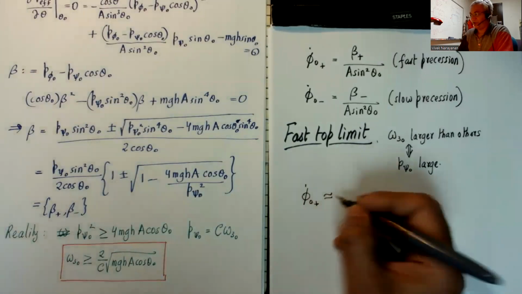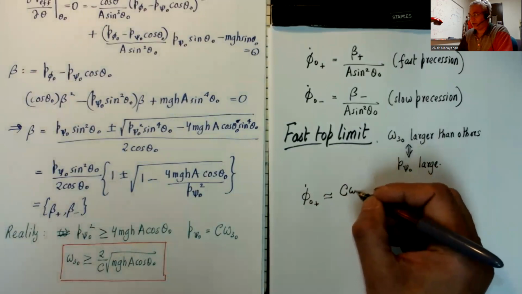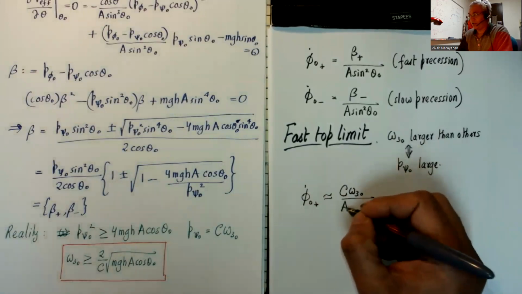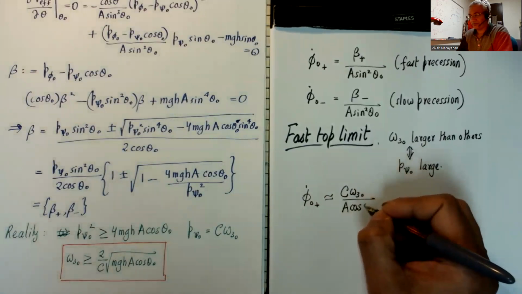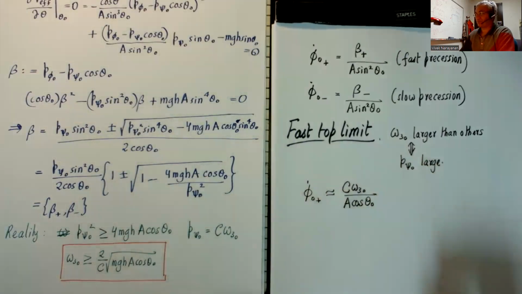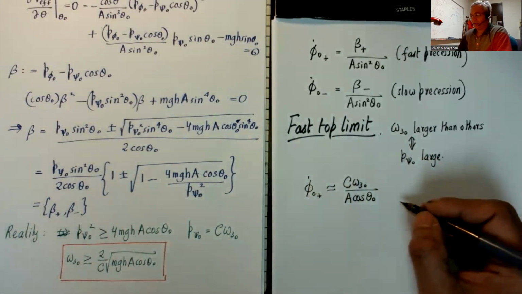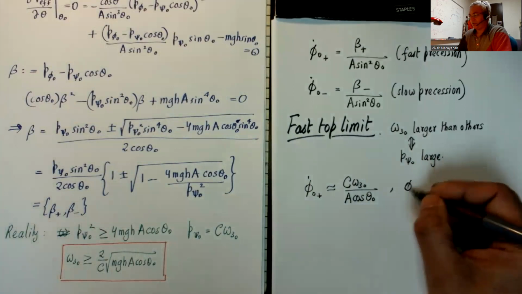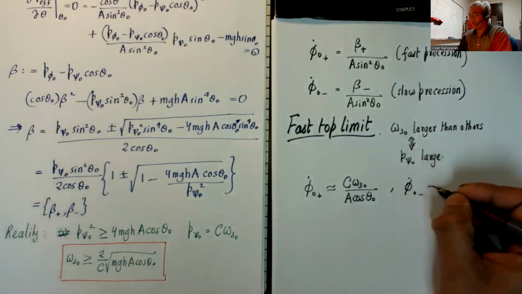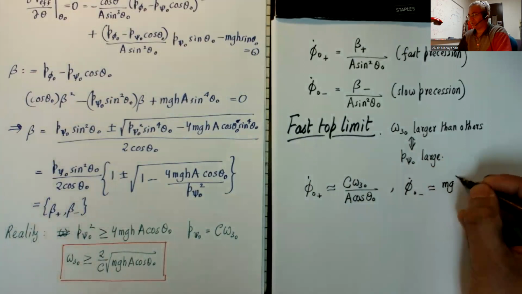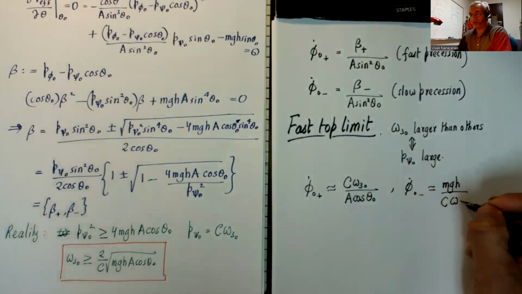So the plus will be C omega naught over A cosine theta. And then the minus will be mgh over C omega 3 naught.